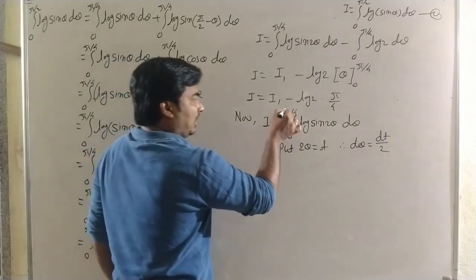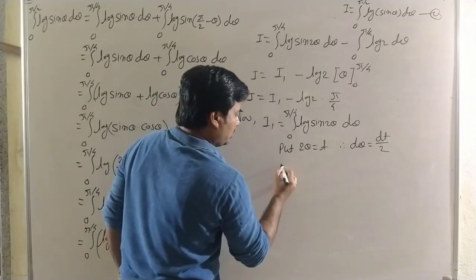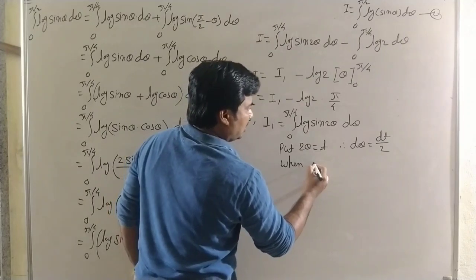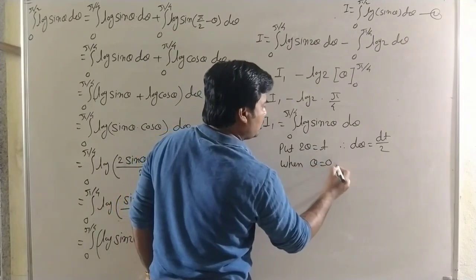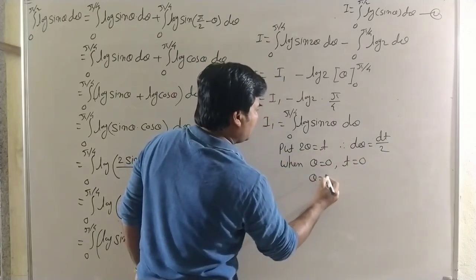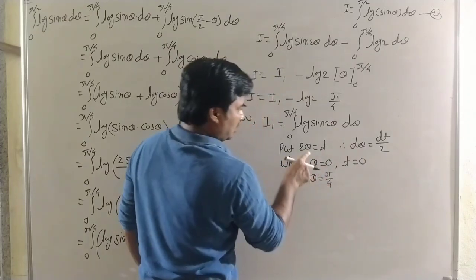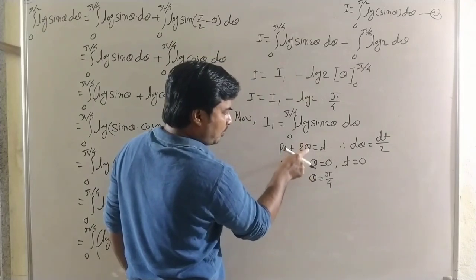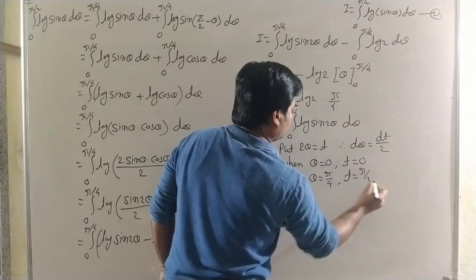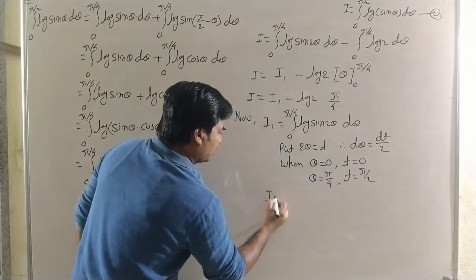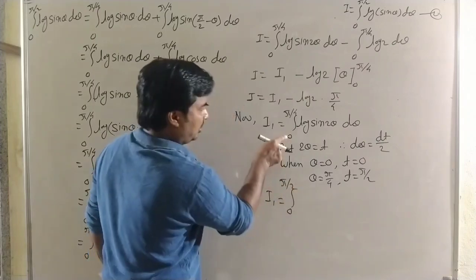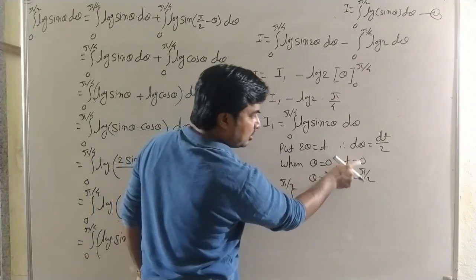Now it is a definite integral, so we use the substitution for the limits. When theta is equal to 0, t is also 0, and when theta is equal to pi by 4, 2 into pi by 4, then t is equal to pi by 2. And therefore in I1 we can write integral 0 to pi by 2. See carefully, it was 0 to pi by 4, but here we can write 0 to pi by 2.